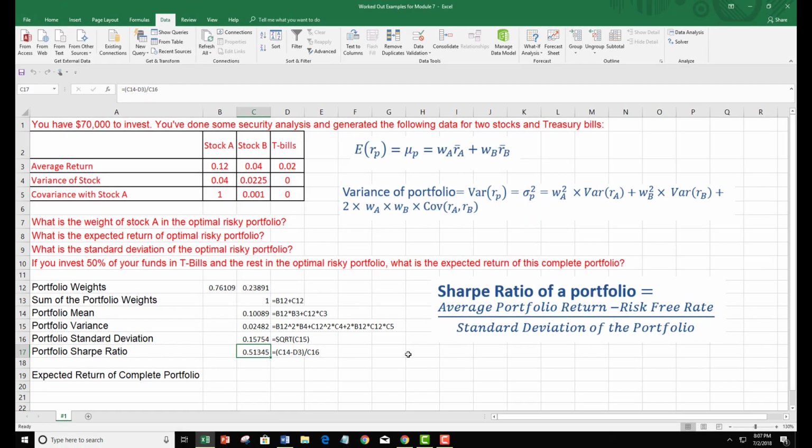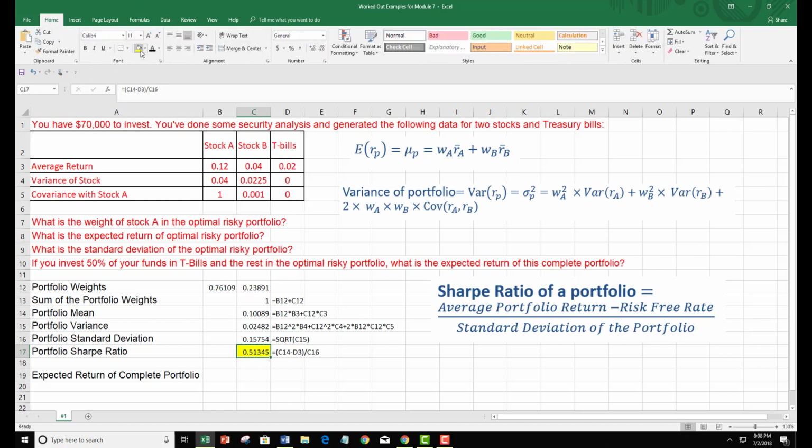Now it solved the problem. Now our portfolio Sharpe ratio is 0.51. Earlier it was 0.47. So that is the optimal Sharpe ratio, meaning the maximum Sharpe ratio.